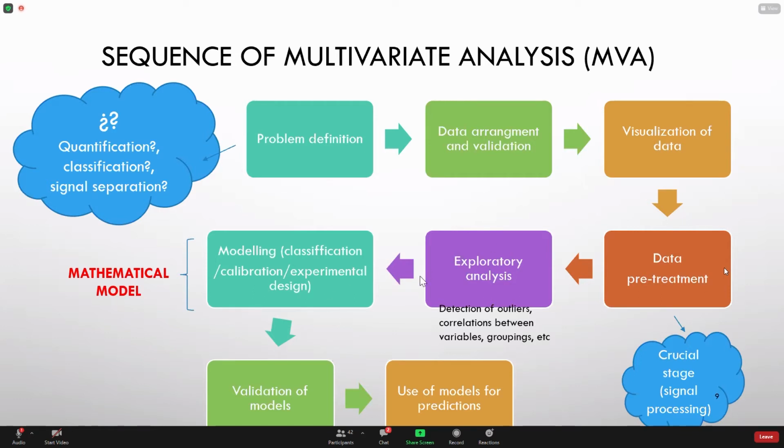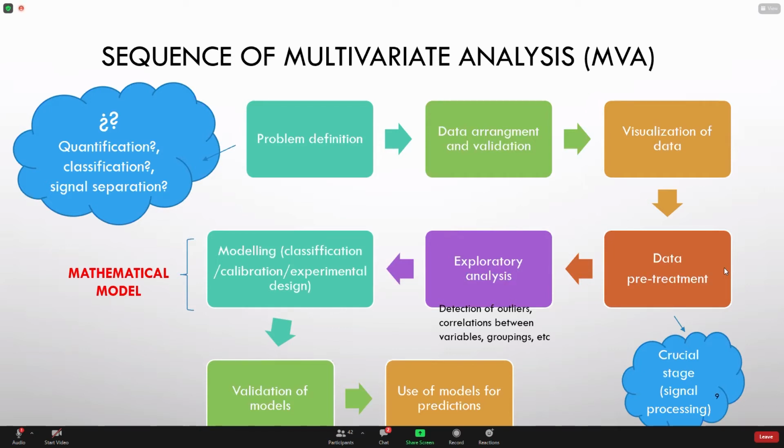Then we have to decide the way of the analysis. If the way is classification, I will go to the pattern recognition methods. If the way is quantification, I will go to the calibration methods, or if the way is to optimize the best conditions to enhance our response, we will go by the experimental design methods. Then we will have a mathematical model with predictive ability in some cases.